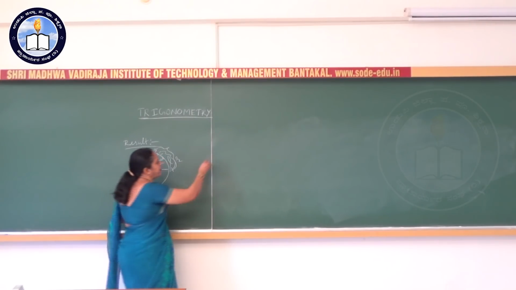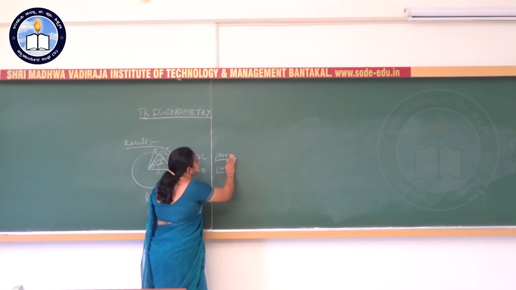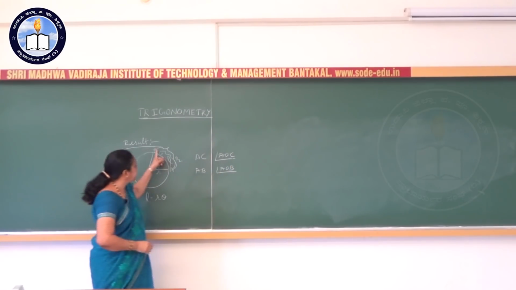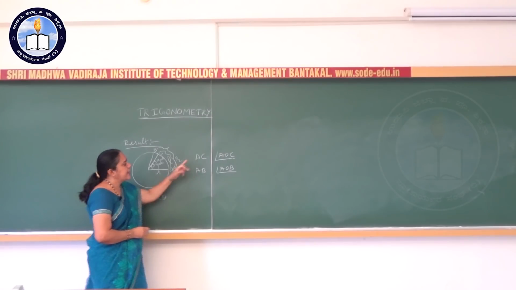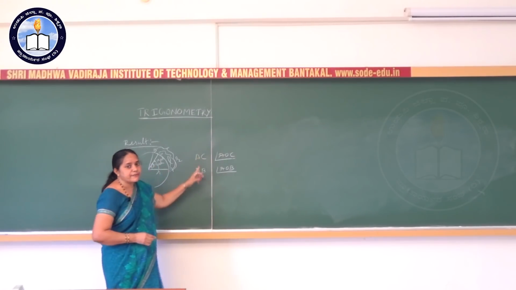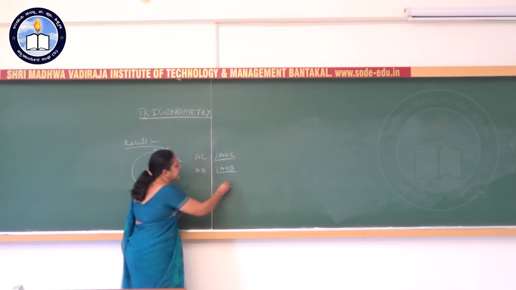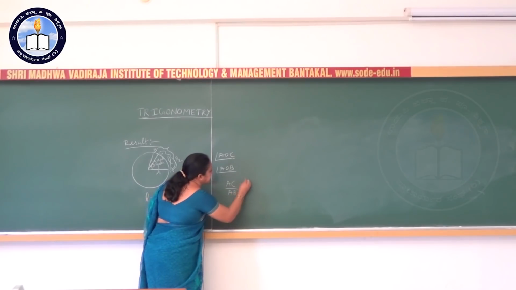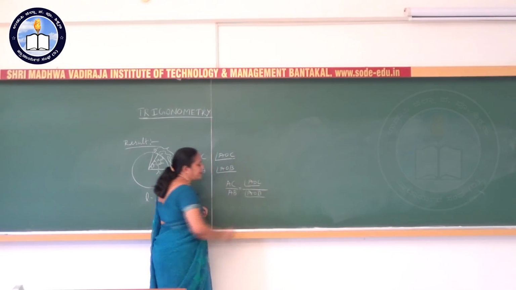Now, we know the lengths of the arcs of the circles are proportional to the subtended angles. Therefore, arc AC subtends an angle AOC at the center of the circle, and arc AB subtends an angle AOB at the center of the circle. Therefore, AC divided by AB is equal to angle AOC divided by angle AOB.